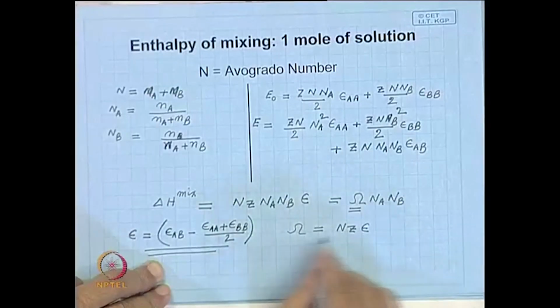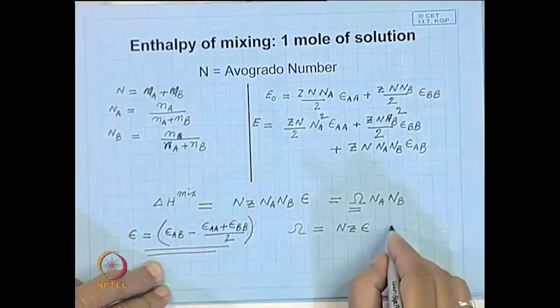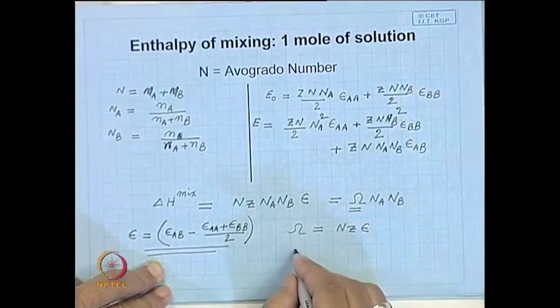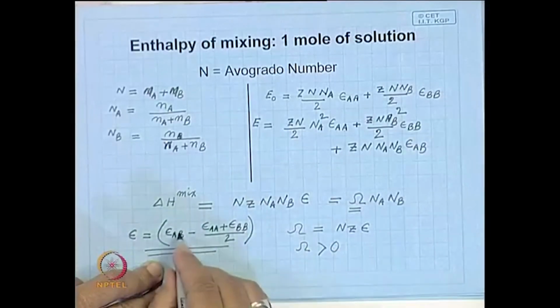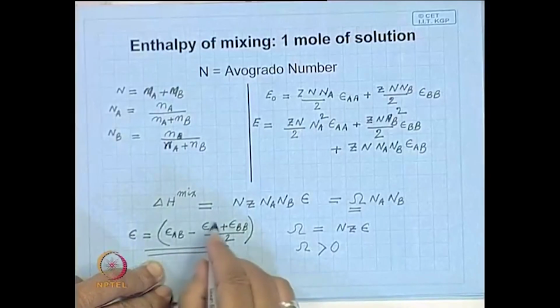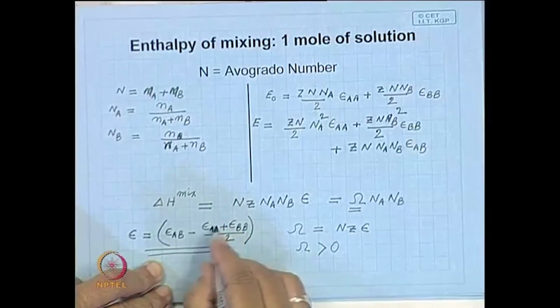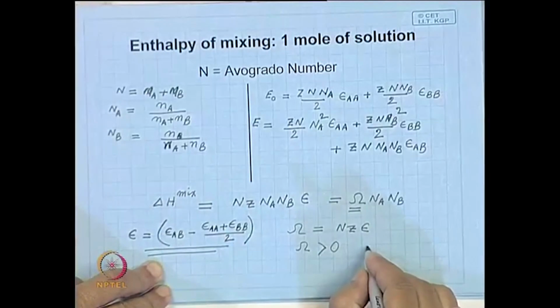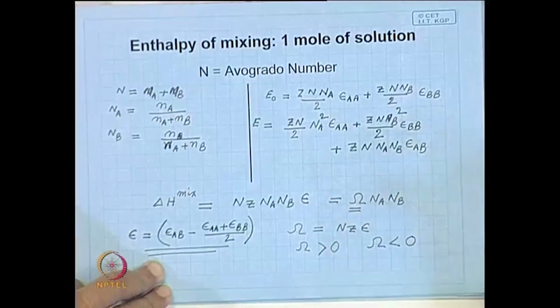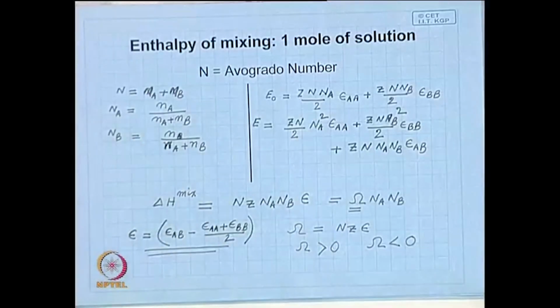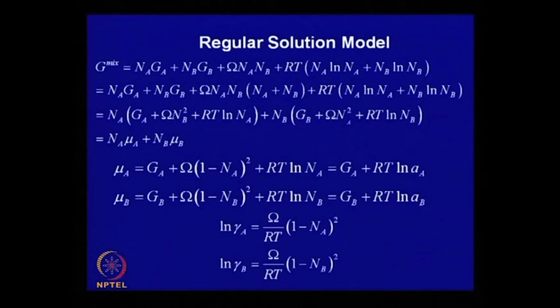So if this is positive, then omega is greater than 0, whereas if the A type of bond is preferred over AB, in that case this is less than 0. Now, when you have this, how does the free energy composition diagram look? This is what has been worked out, the regular solution model.